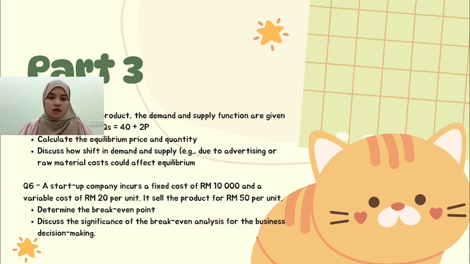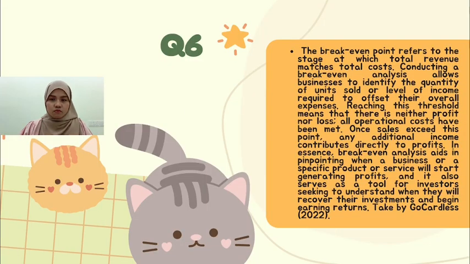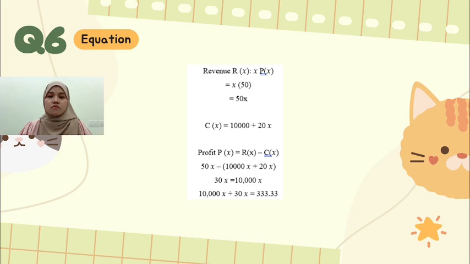For the cost, C(x), which is the fixed cost of 10,000 plus 20x, and profit P(x) equals R(x) minus C(x), which is 50x minus (10,000 plus 20x).